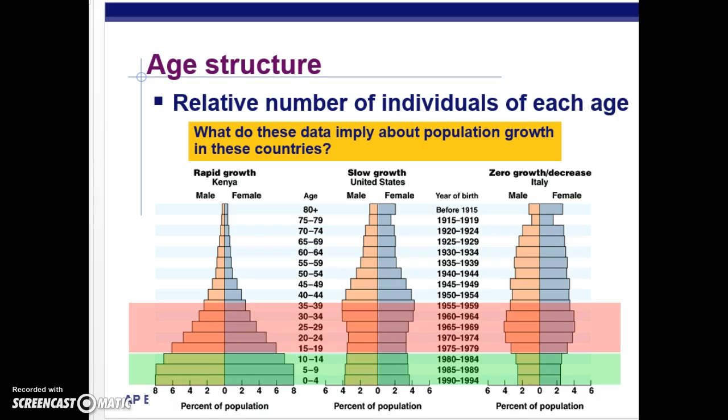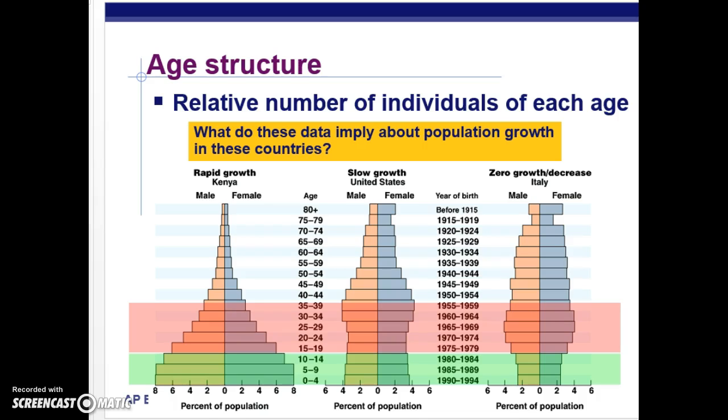So what do you notice about Kenya? Hopefully what you're seeing there is that Kenya has a large percent of its population that is young. It's very, very bottom heavy in terms of this graph.